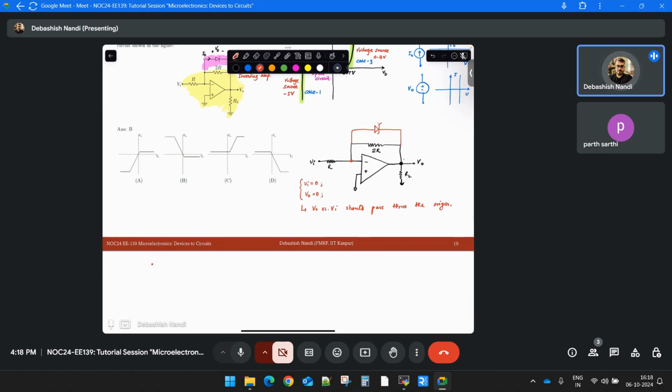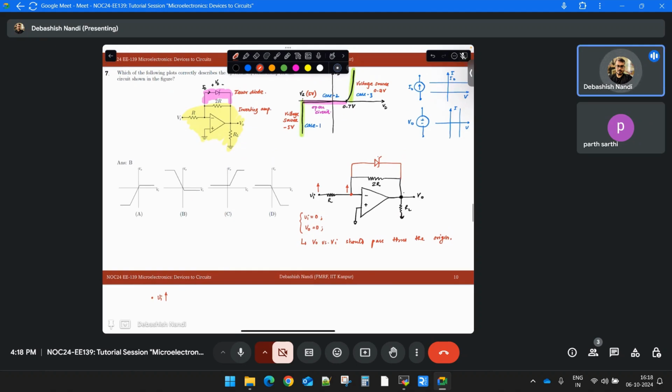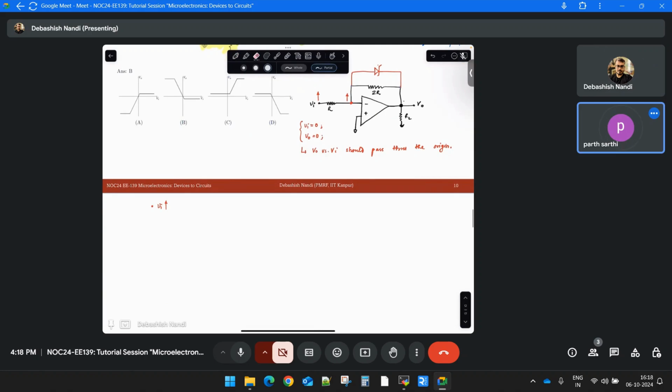Now what we'll do? We'll keep increasing Vi. If I increase my Vi, this will increase. So I am at this range. At this range, this will be treated as an open circuit.